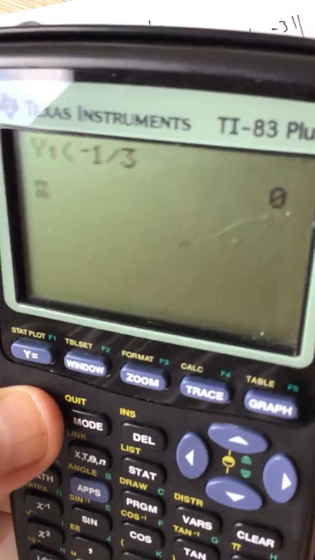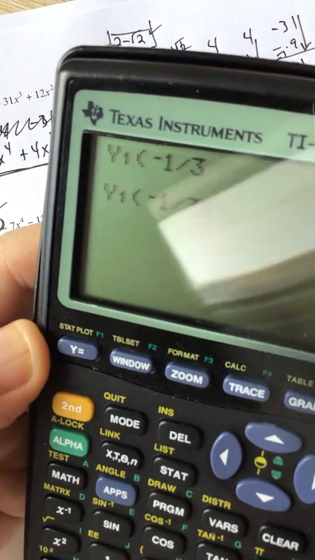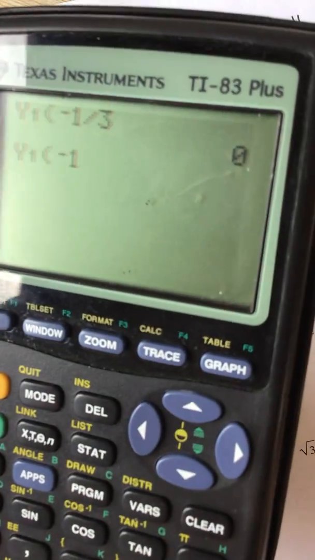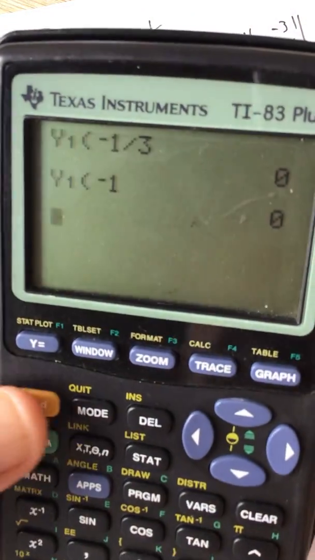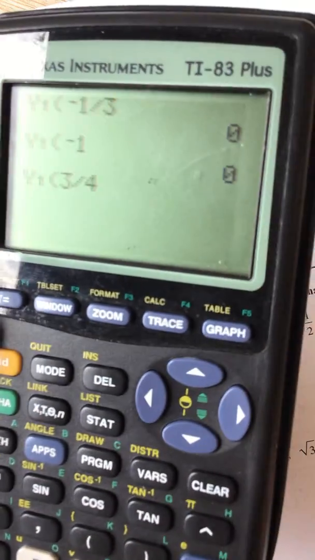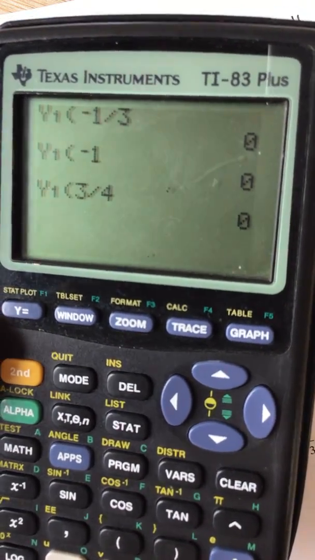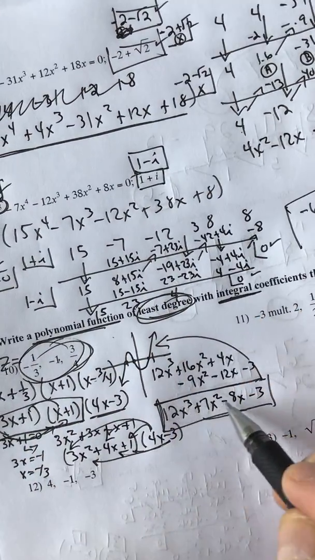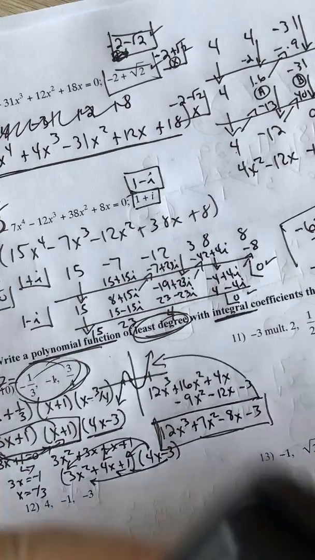Okay, it does. If the equation is correct, then -1 should make it 0, which it does. And if the equation is correct, 3/4 should make it 0, and it does. That's one way to confirm that these are zeros of the equation we figured out.